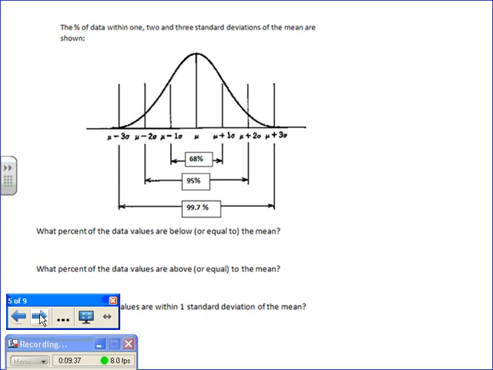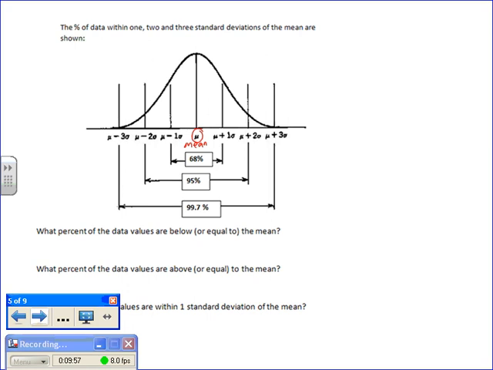We can also break this curve up in terms of standard deviations. In the center of my curve, I'm going to put the mean. I'm going to draw a line of symmetry right down the center, and that value represents the mean. It has the highest frequency. There's my average for my data.